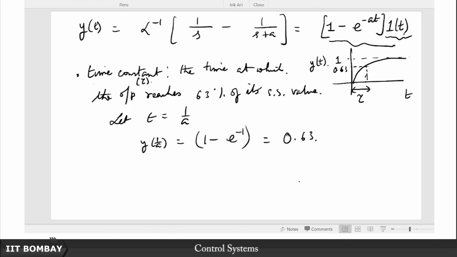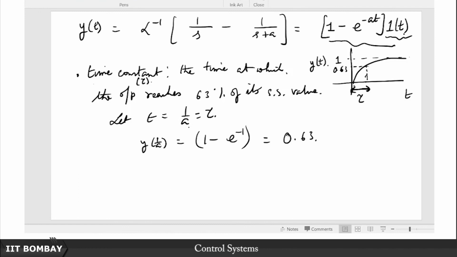So you apply a step input, a step voltage maybe to an electrical system, and you look at the output signal at the oscilloscope. It will be easy for you to mark out the time instant at which it is 0.63, and you just read off this tau, and the reciprocal of the tau is going to tell you your pole location. So it's an easy way to identify, that is the motivation.